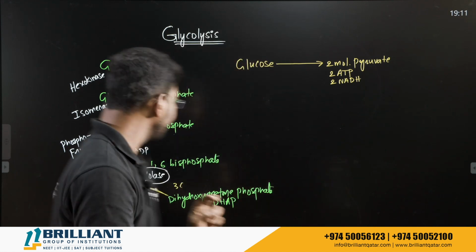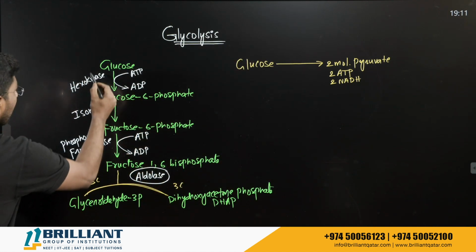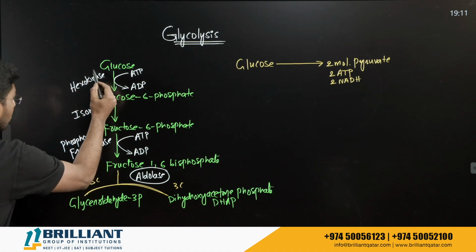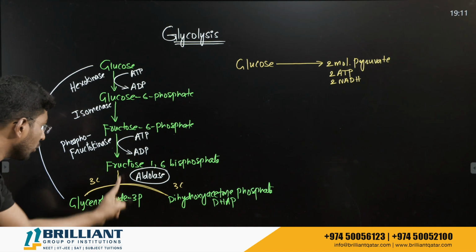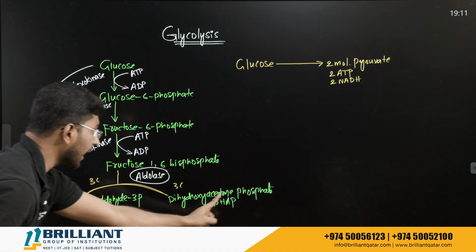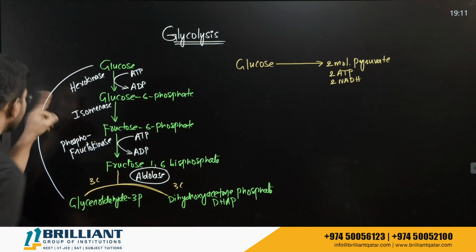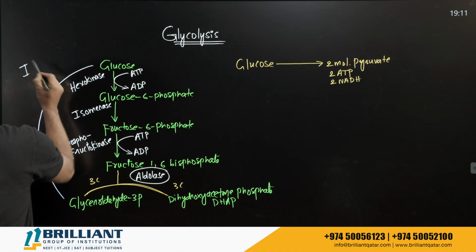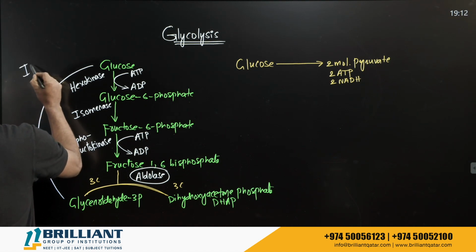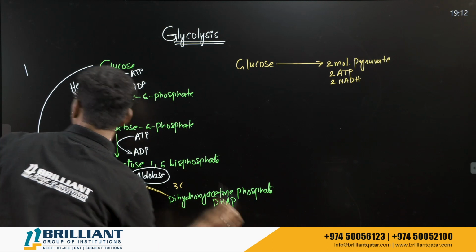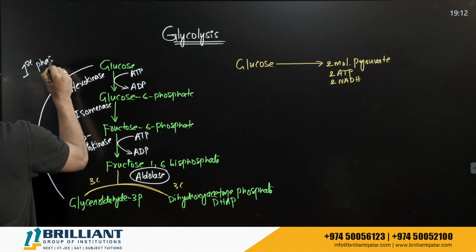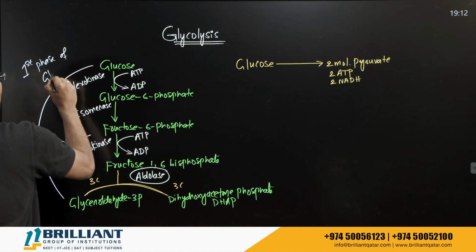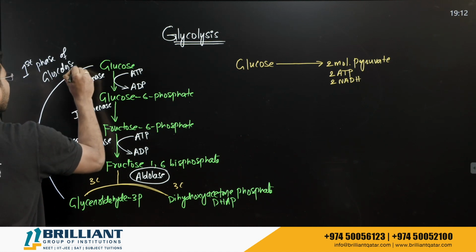The first phase, from glucose to the formation of glyceraldehyde 3-phosphate and dihydroxyacetone phosphate, till here, this is phase 1, the first phase of glycolysis. You got my point?